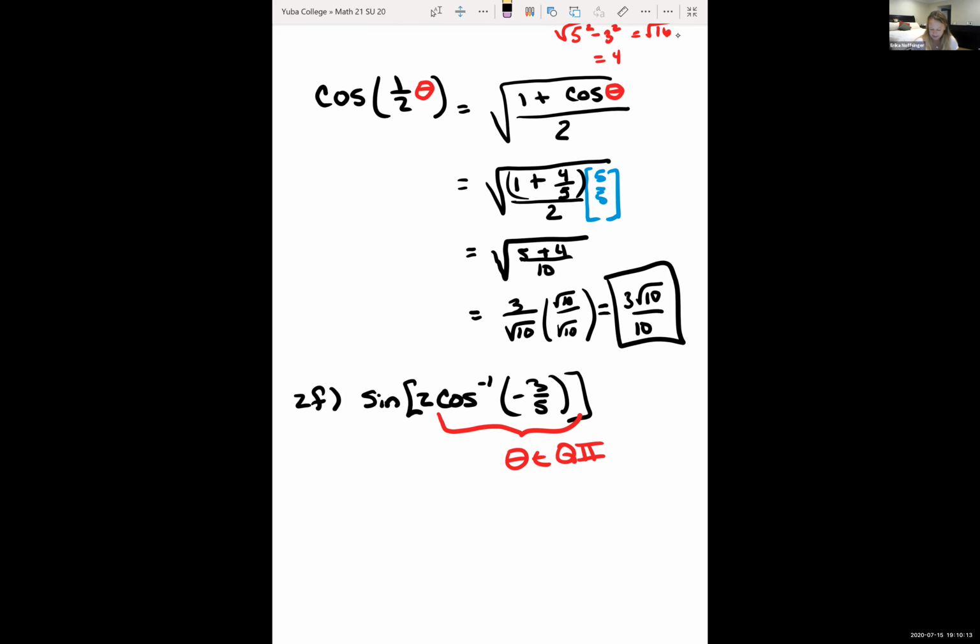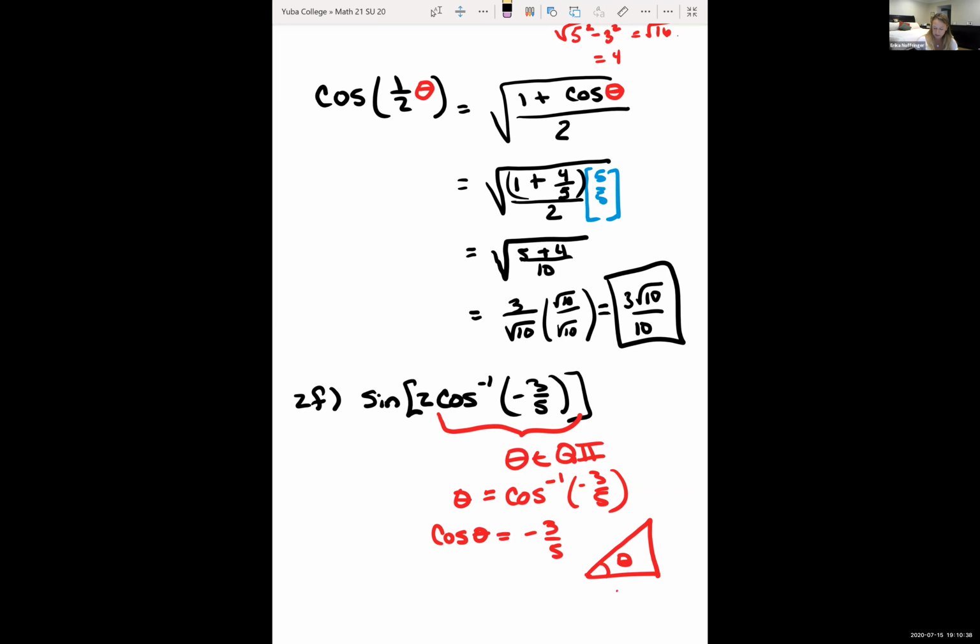So I would let theta equal my cosine inverse of -3/5. I would take cosine of both sides. So cosine theta is equal to -3/5. I would make my triangle. Sorry, cosine is adjacent over hypotenuse.